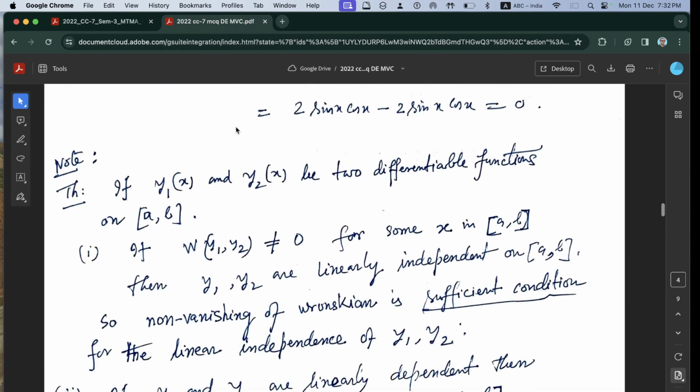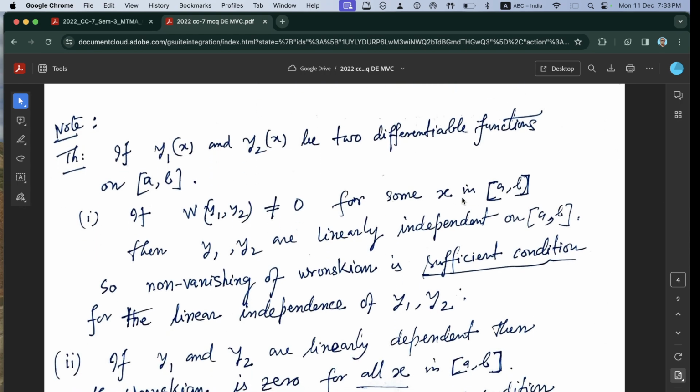Note this very important theorem for the Wronskian. One: if y1(x) and y2(x) are two differentiable functions on the closed interval [a, b], if the Wronskian of y1, y2 is not equal to 0 for some x in the closed interval [a, b], then y1 and y2 are linearly independent on [a, b].